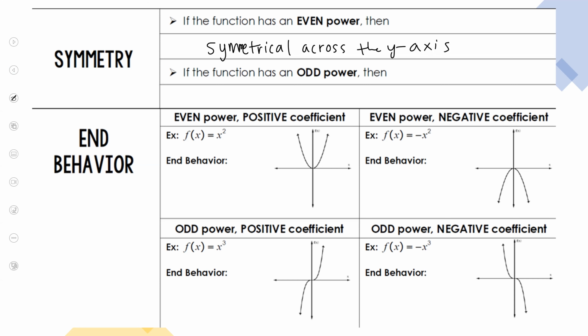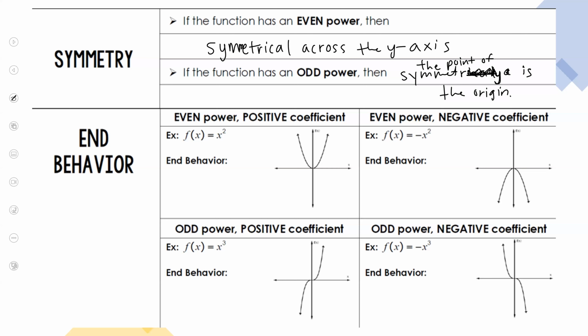And if it's an odd power, then the point of symmetry is the origin. Okay, write it like that. The point of symmetry is the origin. Sorry, that's sloppy. We're just repeating our notes here.